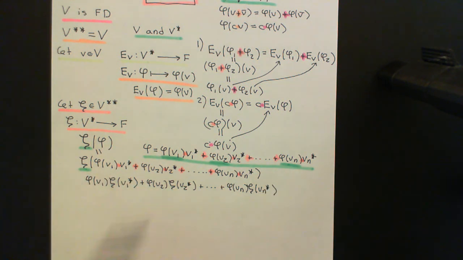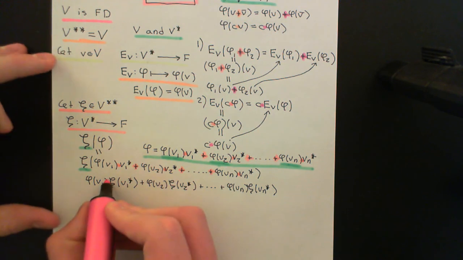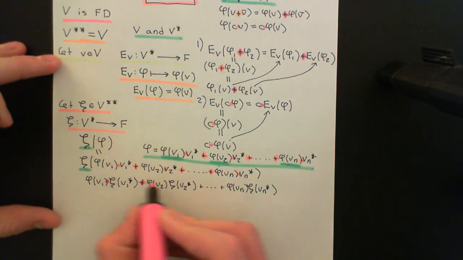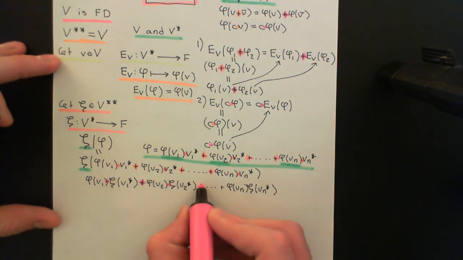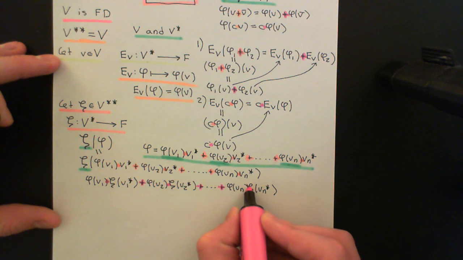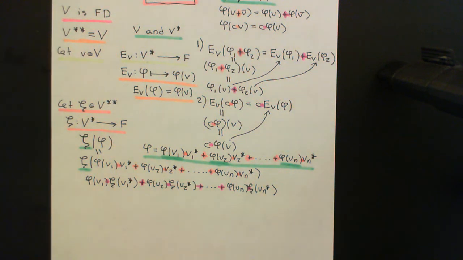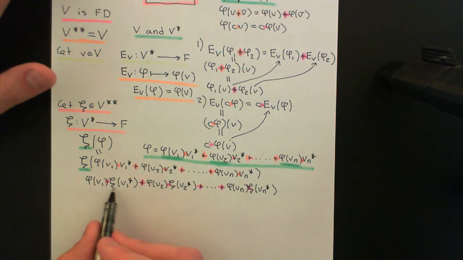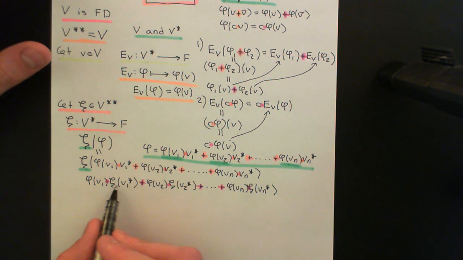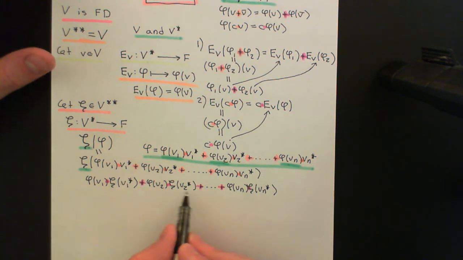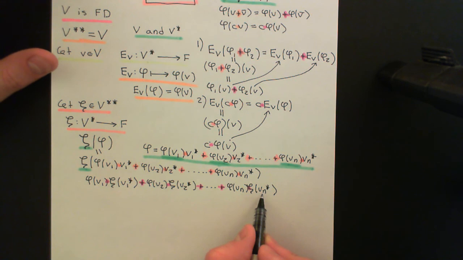So it will just become this, where all of these multiplications and additions are now done in the field. Everything has now become to do with the field. So we can see here that the mapping zeta, this linear map in the double dual vector space, is completely and utterly determined by where it sends the dual basis vectors of the dual vector space, so where it sends v1 star, v2 star, all the way up to vn star.